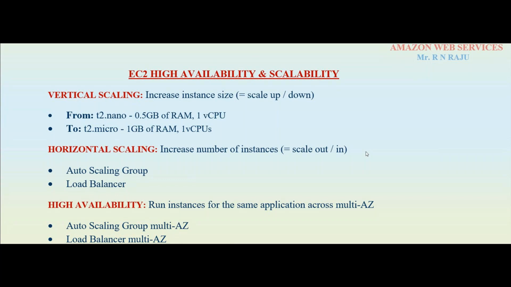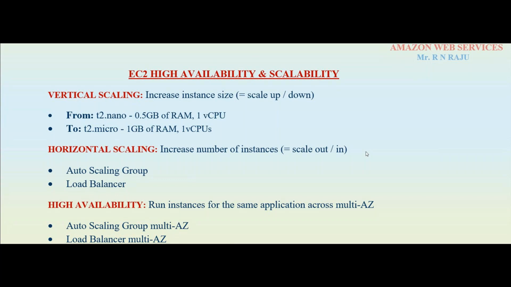For example, your instance is running with T2.micro, I mean one CPU, 1 GB RAM. But one day that instance requires 2 CPUs, 2 GB RAM. Then how can you increase that instance configuration? Generally we cannot increase only CPU or only RAM.